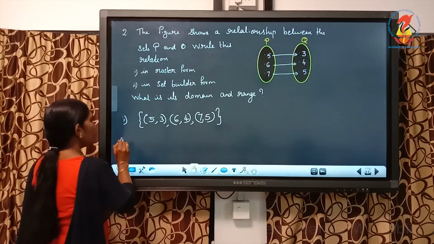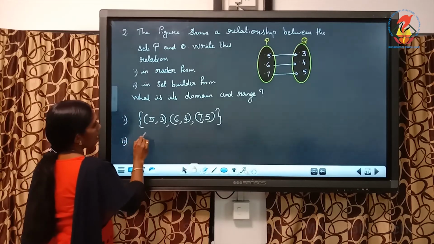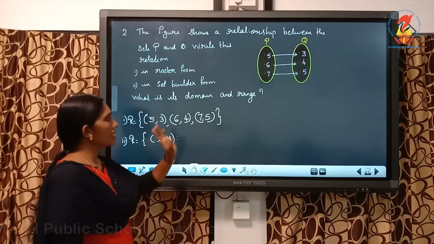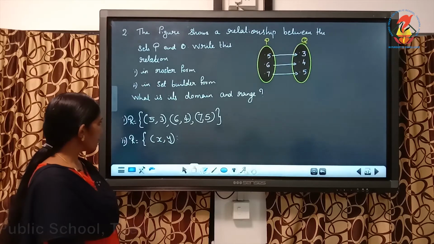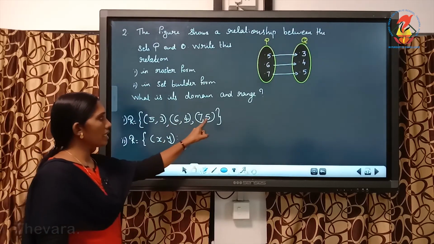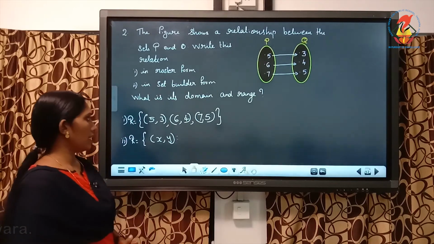Now in set builder form, how do we write this? This is R. R itself in set builder form. So we have to write ordered pair xy such that what is the relation between first and second elements? 3 plus 2 is 5, 4 plus 2 is 6, 5 plus 2 is 7.